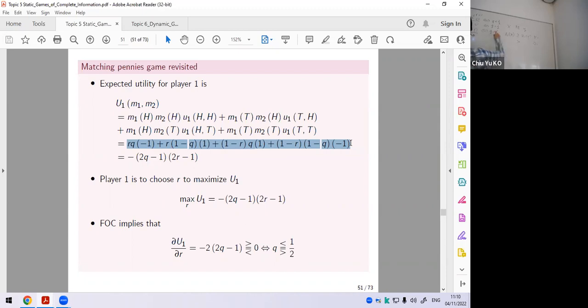It means if Q is 1/2, anything is fine. If Q is less than 1/2, you always go to 1. If Q is more than 1/2, you go to 0.